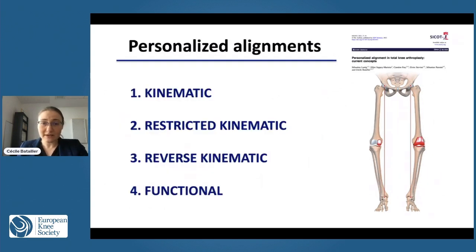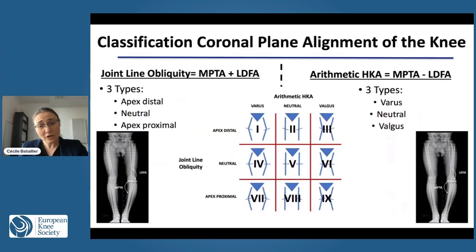And we have several kinds of personalized alignment. We have kinematic, restrictive kinematic, reverse kinematic, functional, and all these kinds of alignment tend to improve the functional outcomes of our patients, restoring their native knee deformity. And we also have several kinds of classification trying to improve the description of the knee deformity.